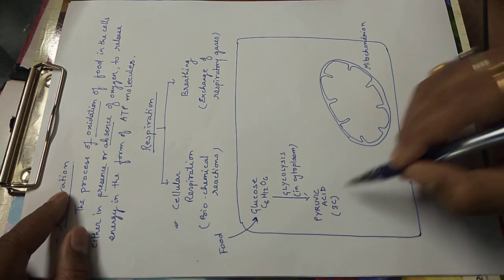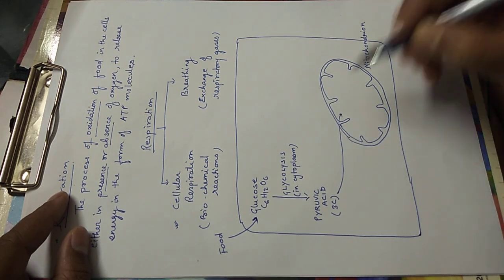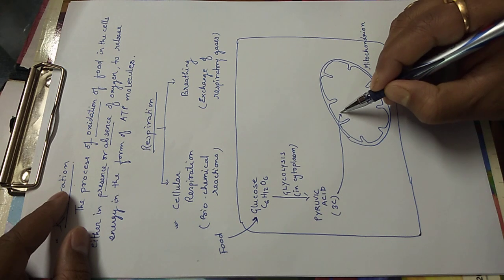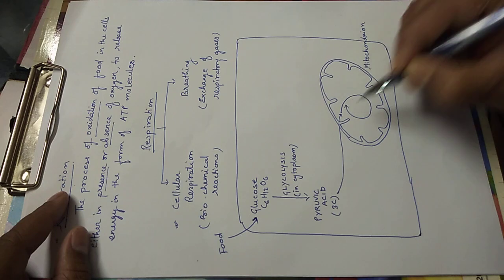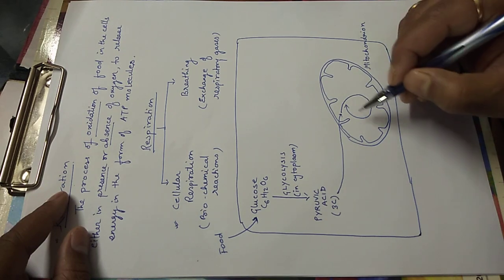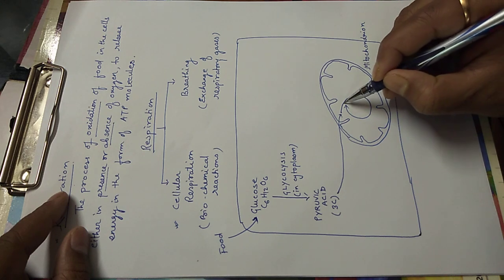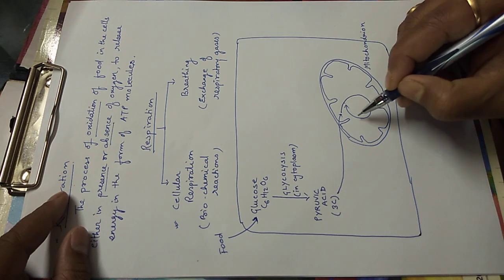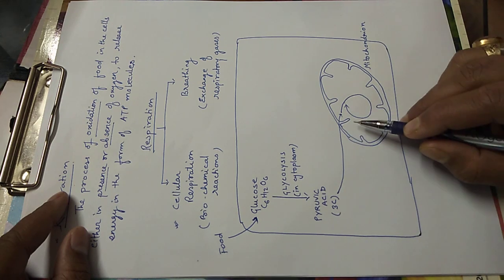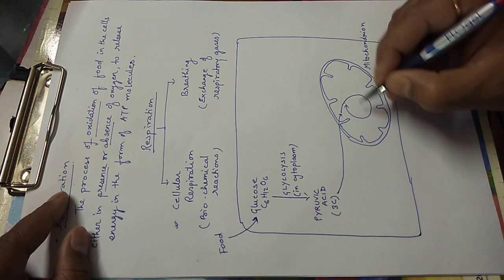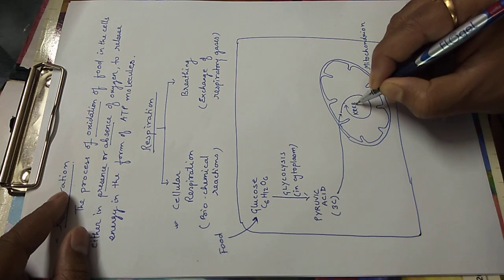So, in aerobic respiration, this pyruvic acid enters the mitochondria, and inside the mitochondria it undergoes a cyclic biochemical reaction. This is also not a single step reaction, there are multiple reactions here. It is cyclic because the compound which will begin here, at the end the same compound will be released. So this pyruvic acid will go through this cyclic biochemical reaction, and this is called the Krebs cycle.